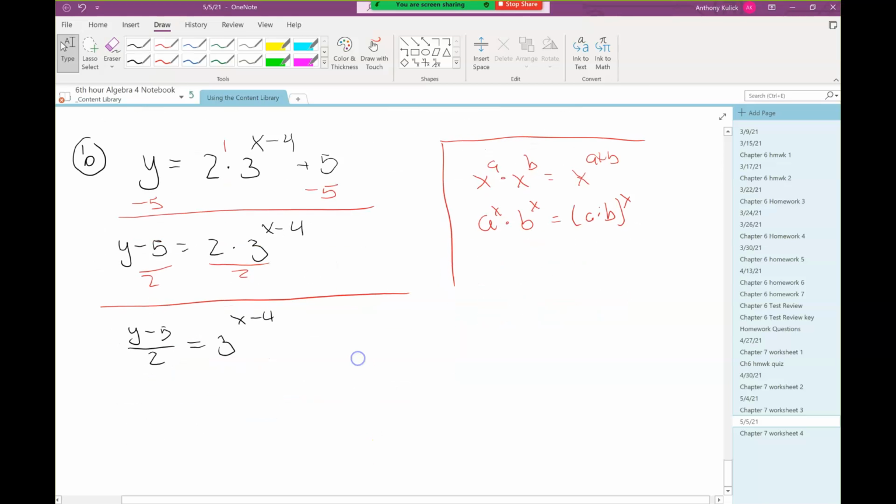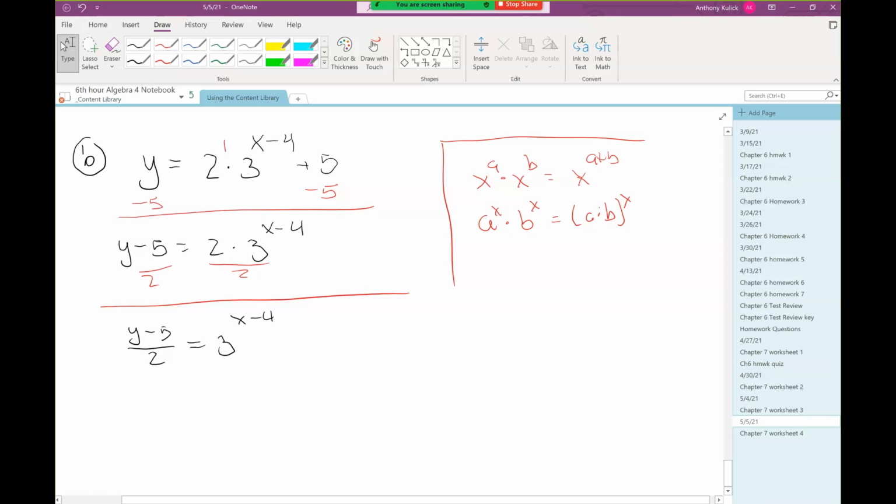Okay. Then what? So is the 3 to the x minus 4, is that a log? Or no, because the 3 is an exponent base. So to cancel that exponent base, we need to use a logarithm. Okay. Which logarithm do I need to use?